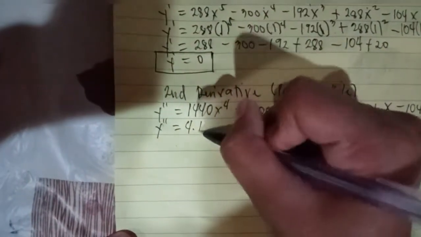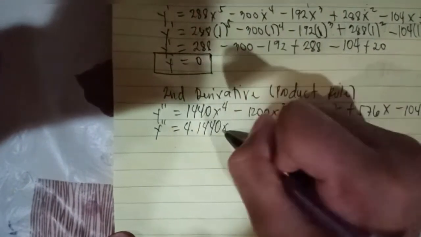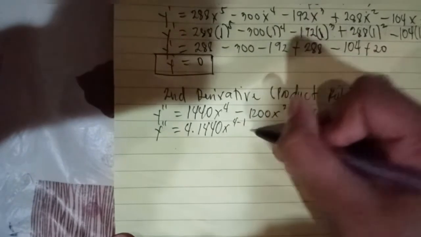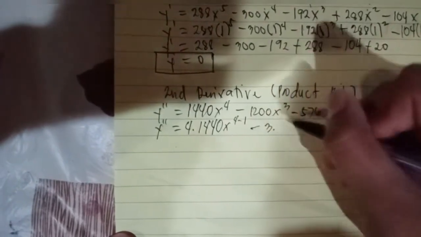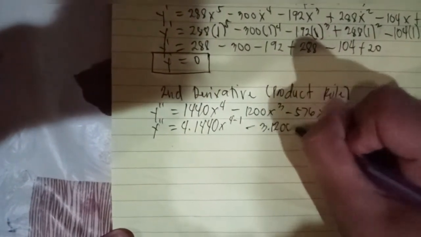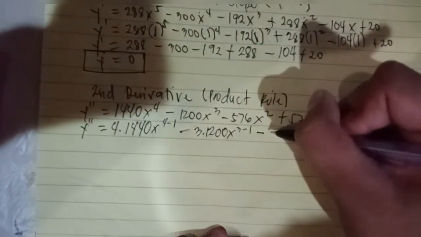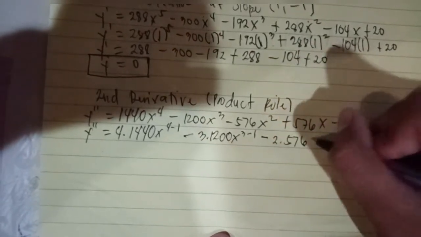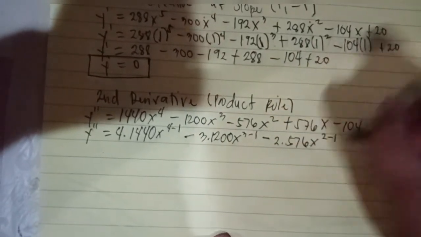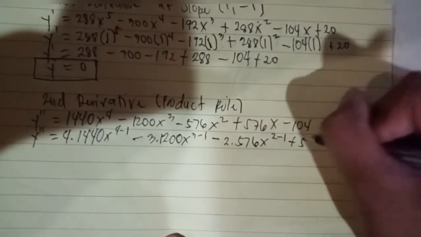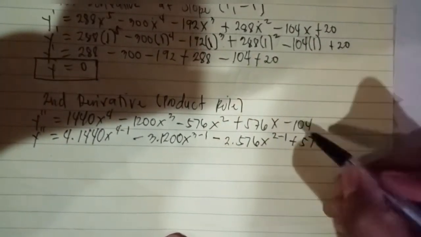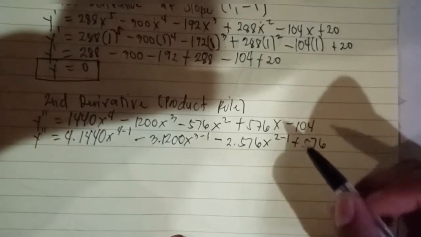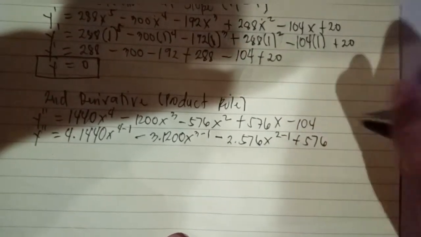So multiplied by 1440x to the power of 4 minus 1, minus, bring down the exponent 3 times 1200x to the power of 3 minus 1, minus 2 multiplied by 576x to the power of 2 minus 1, plus 576. So what will happen to the negative 104? It will now become 0. So no need to write.